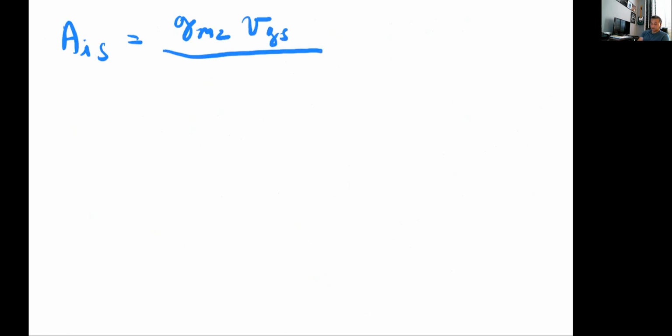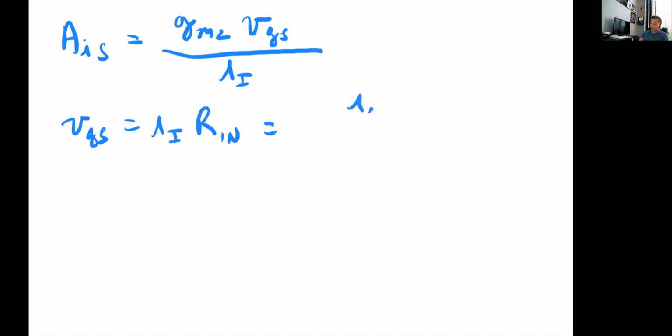We have that vgs is equal to the input current times the input resistance of the current amplifier, okay? And we already defined that input resistance.